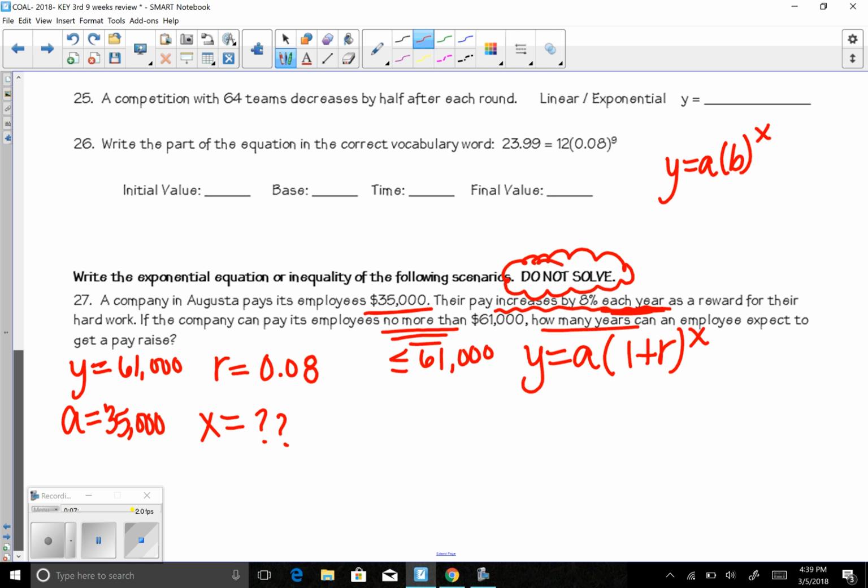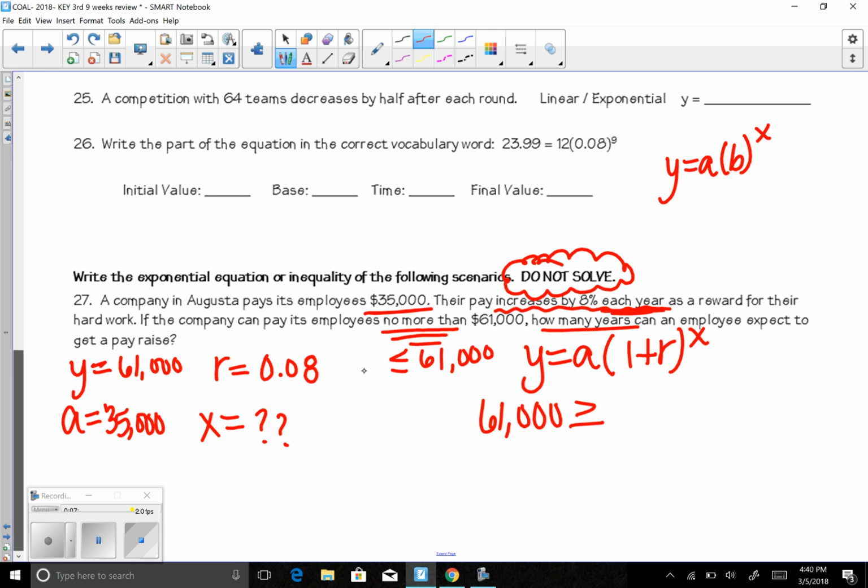$61,000. Okay. We generally put y on the left. Okay. We could put y on the right back here if we wanted to. But if I want to keep y on the left side, if something is less than or equal to 61,000, isn't it true that 61,000 is also greater than or equal to that? So you see, I just switched the order here.